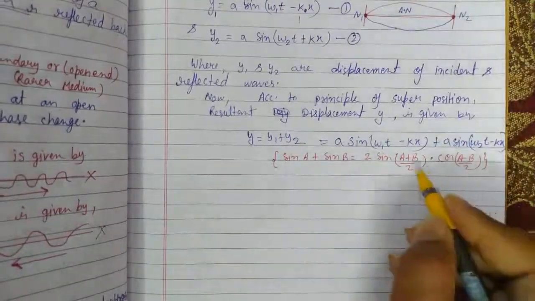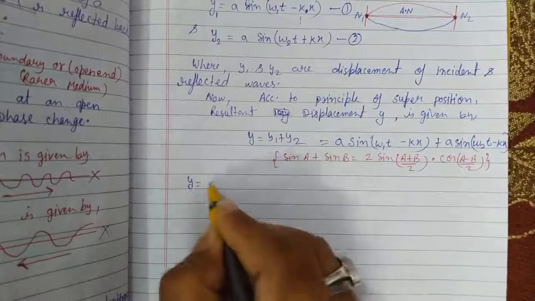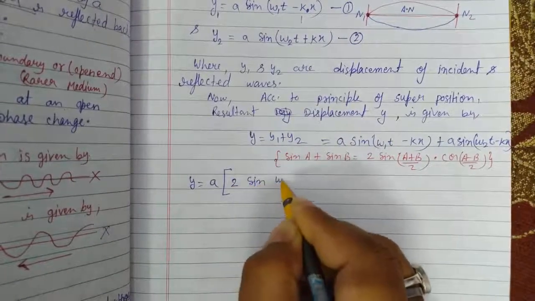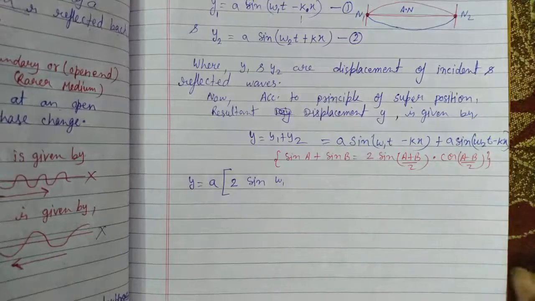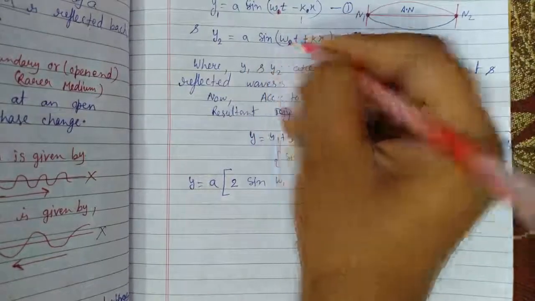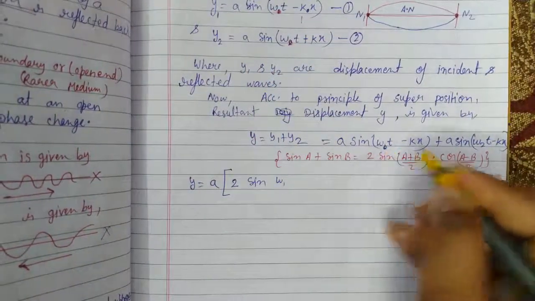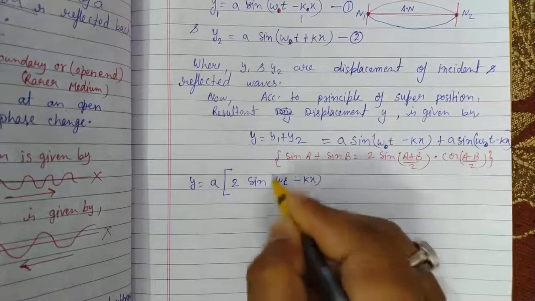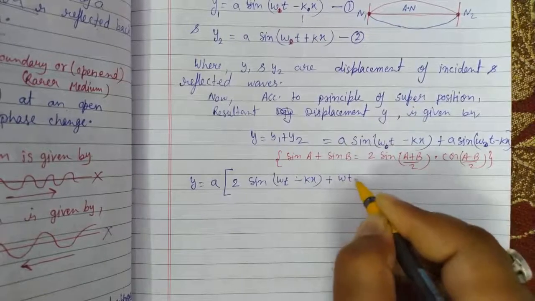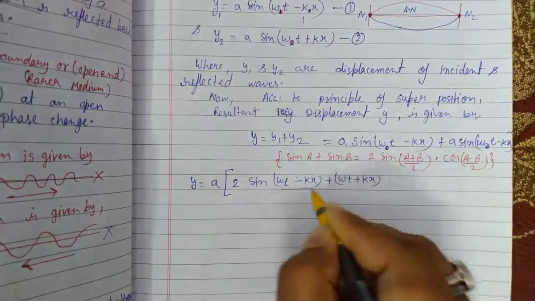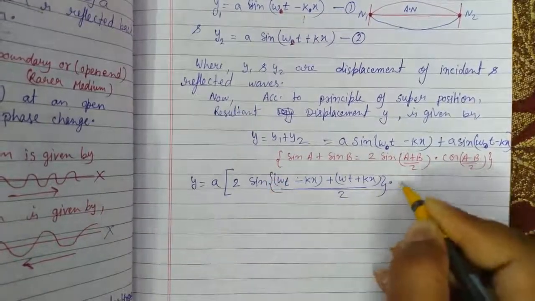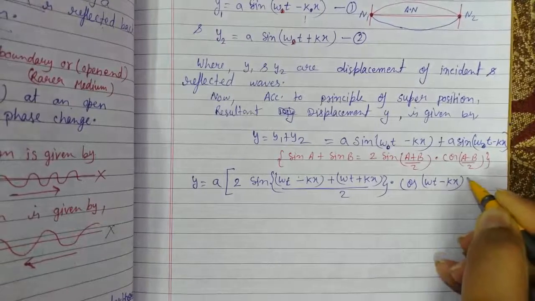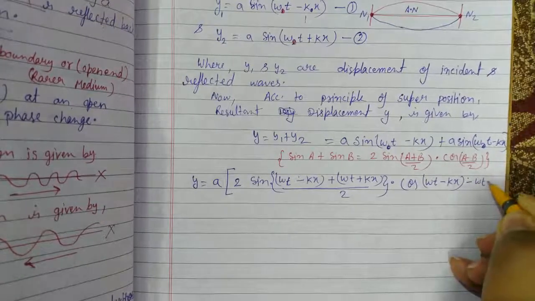Using this formula, we get y equal to a constant, and 2 sine of omega t minus kx plus omega t plus kx upon 2, into cos of omega t minus kx minus omega t minus kx by 2. Because the frequency is the same, we use only omega, not omega 2.